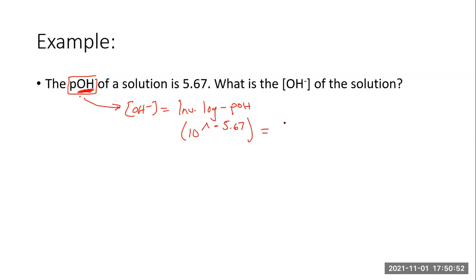I started with the number there and made it negative, then did shift log, and got 2.1 times 10 to the minus 6 molar. Again, 2 decimal places, 2 significant figures in the concentration. Any questions on that calculation there? All right. Any questions on how to calculate pH, pOH, H plus, OH minus concentrations?